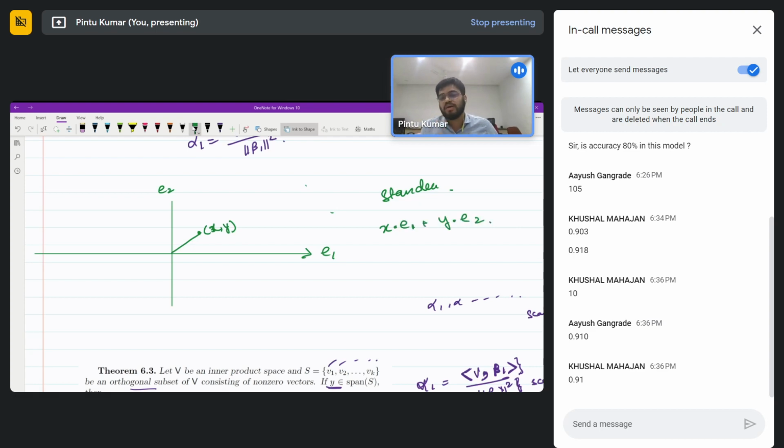Why do you do that? If you look at it, you take the projection of this point on your x-axis, and the length that you obtain is x.